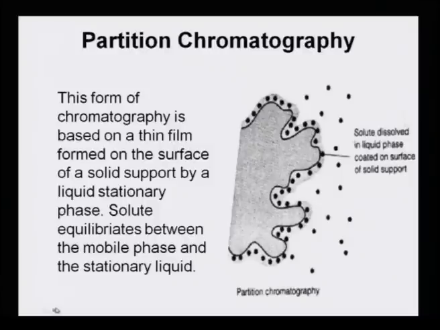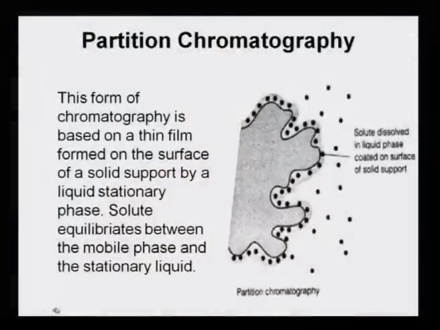Partition chromatography, this nomenclature, is based on its action. This form of chromatography is based on a thin film formed on the surface of a solid support by a liquid stationary phase.